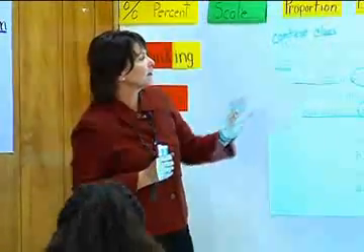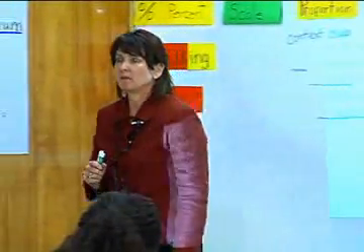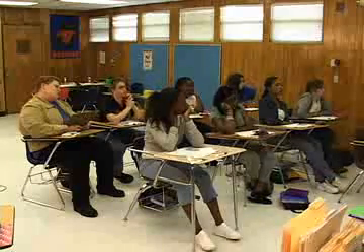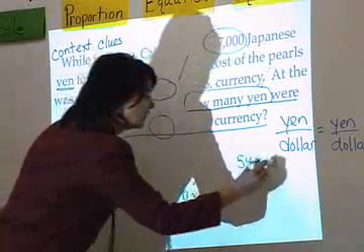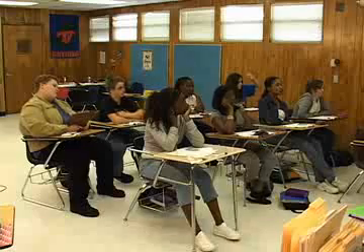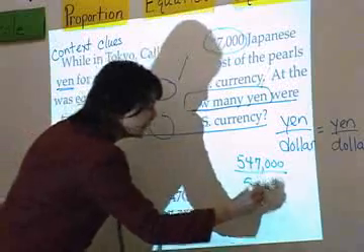What information can we have from this? I need to fill in some of these variables. What do I know about the yen? What's the number for the yen? 547,000 goes on the yen. What number goes to the dollar that relates to that? 5,000. Good job.